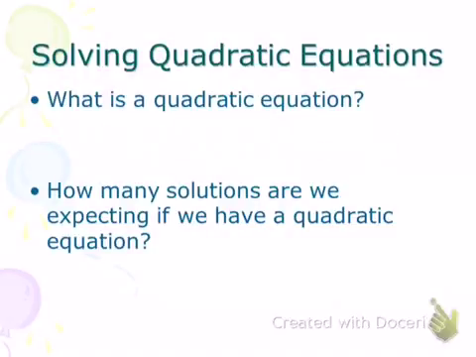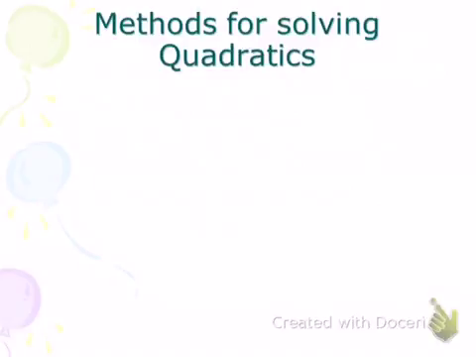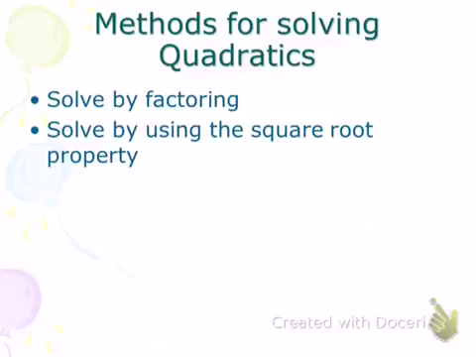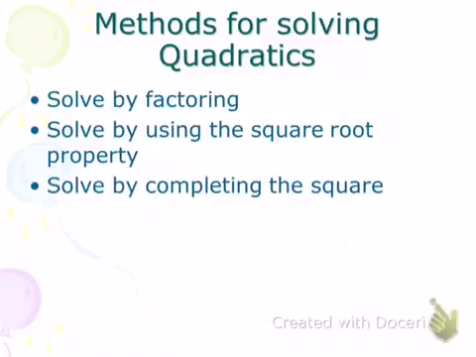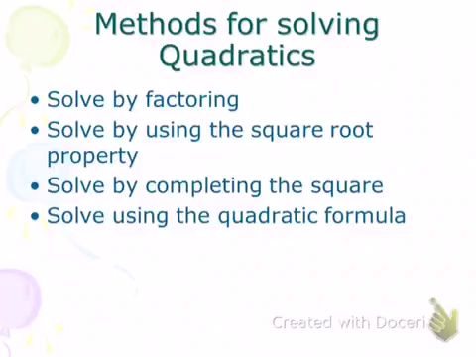We're expecting two solutions. What were the methods for solving quadratics? Factoring, square root properties, taking square roots, completing the square, which we're only really going to use because I want to show you how to use the completing the square method to derive the quadratic formula. Completing the square is not a method that you're going to want to use a lot.